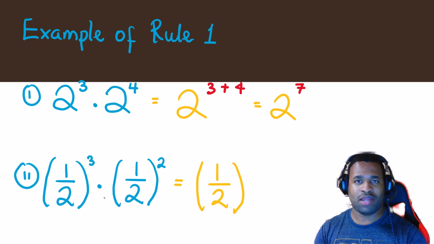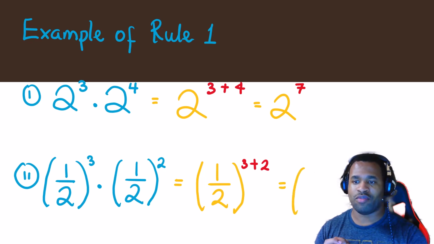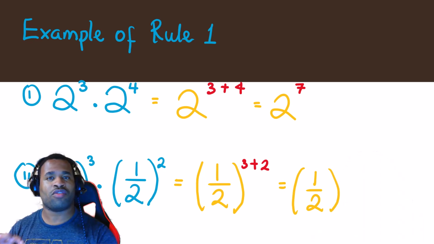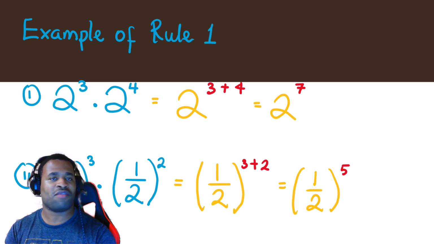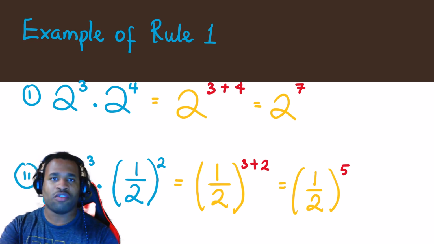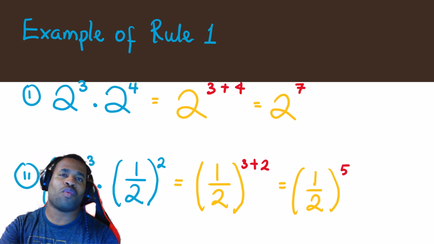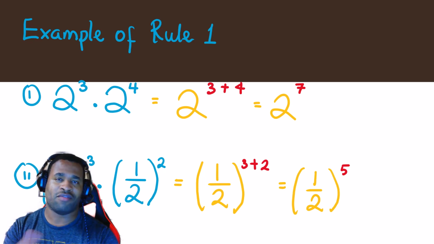Because you're multiplying the bases, you keep the base, and the final step is to add the exponents, which is 3 plus 2. This results in a half to the power of 3 plus 2, which gives you 5. This here is a simplified version. You can continue further, and this will lead us to one of our rules for the next step involving fractions.